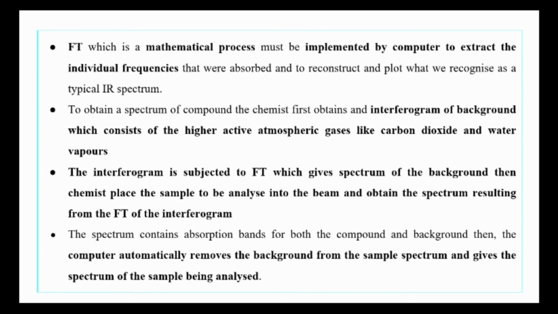The spectrum contains absorption bands for both the compound and the background. Then the computer automatically removes the background from the sample spectrum and gives us the spectrum of the sample being analyzed. Okay, so in this way the whole process happens inside the instrument.